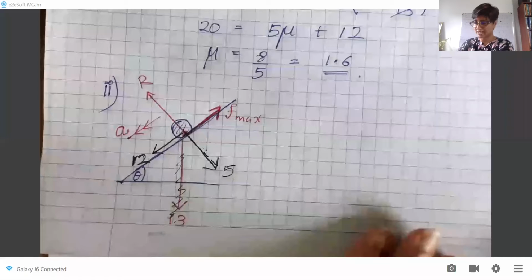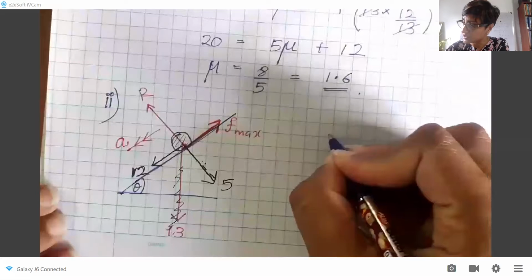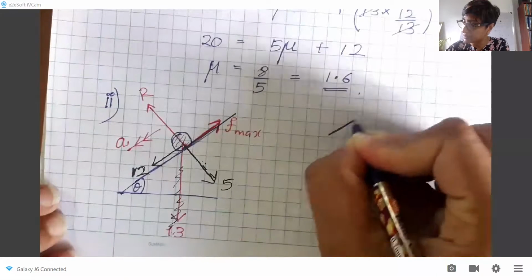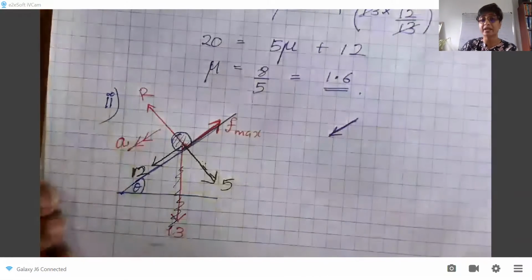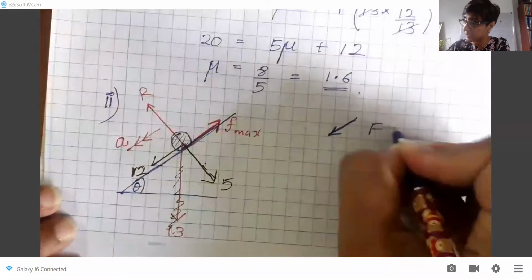Whatever they're asking us to find must come out of F equals ma. Remember, you apply F equals ma in the direction of the motion. So down the slope, F equals ma.